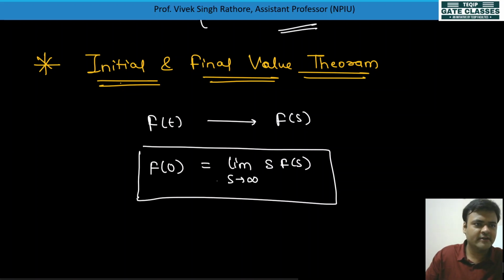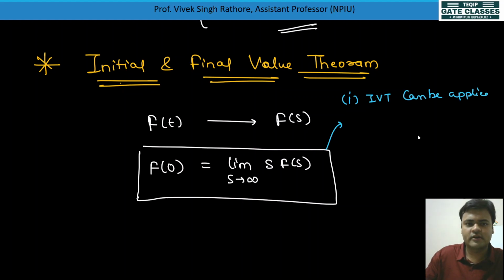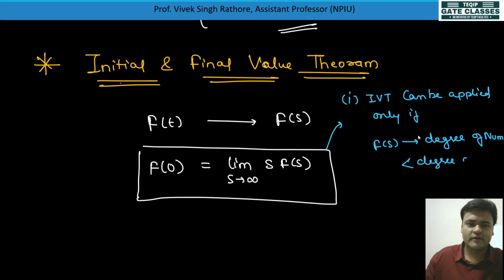First of all, you need to understand for which conditions this formula can be satisfied. So the first condition is, the initial value theorem can be applied only if your F of s is given and its degree of numerator is less than the degree of denominator.